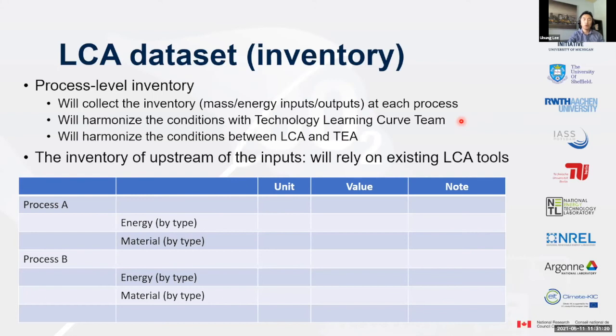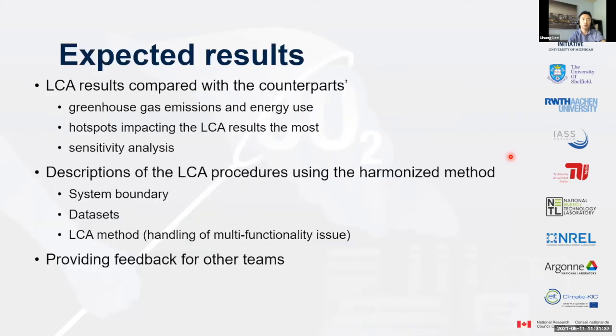So we'd like to get your feedback about the quality and the availability of the data sets depending on the TRL level. And for all the upstream or downstream calculation, we can rely on the existing LCA tools. So once we finish this LCA part, we are going to have the greenhouse gas emission results, and we can estimate where the hotspots for the LCA results would be.